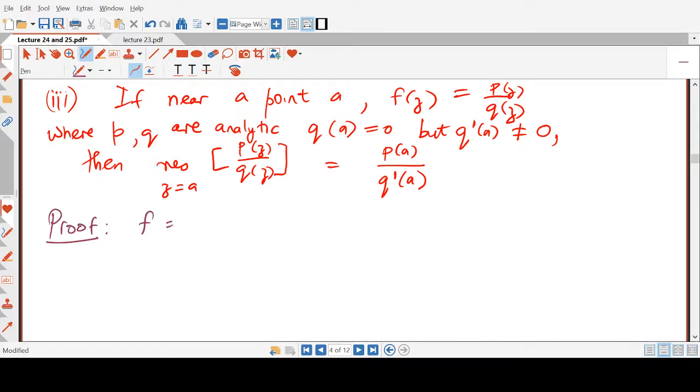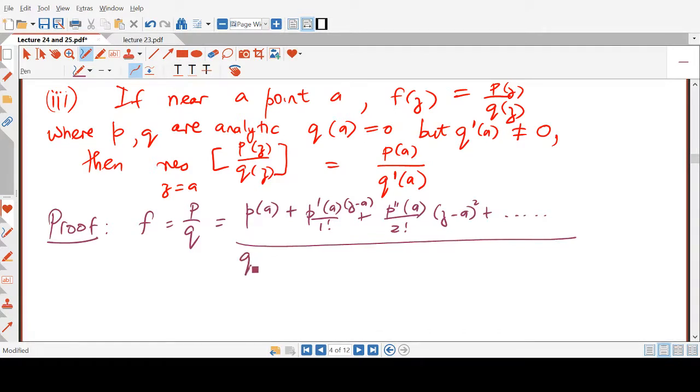So f is p over q, and we said it has a power series expansion, so you can have it as p of a plus p dash of a over 1 factorial, z minus a, plus p double dash of a over 2 factorial, z minus a squared, plus and so on.